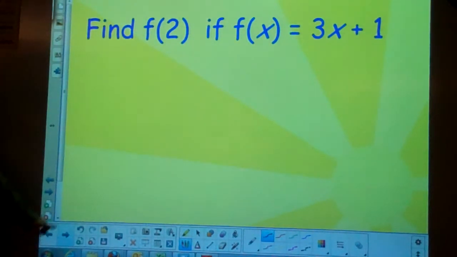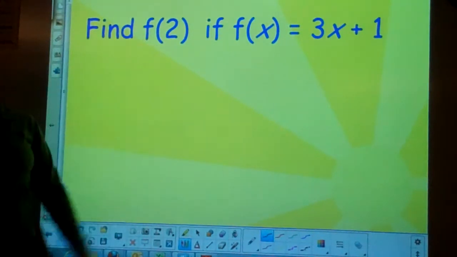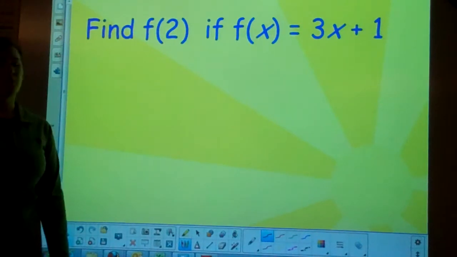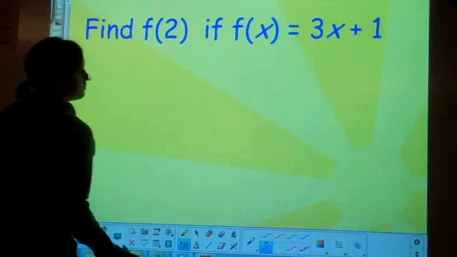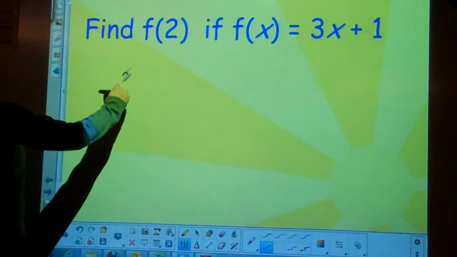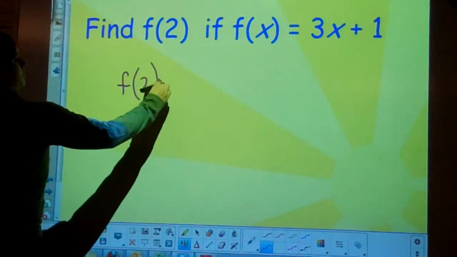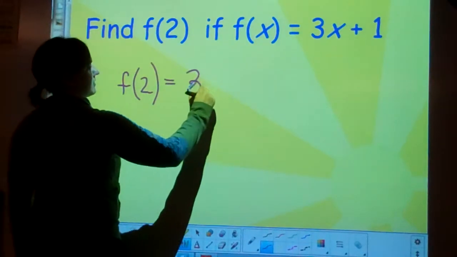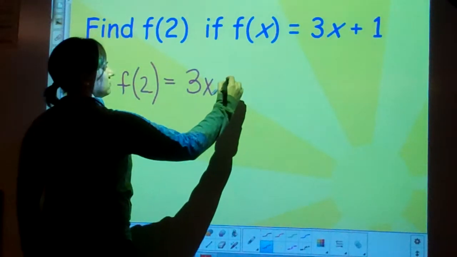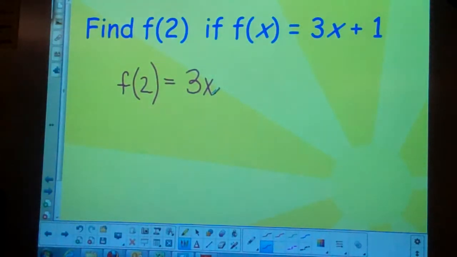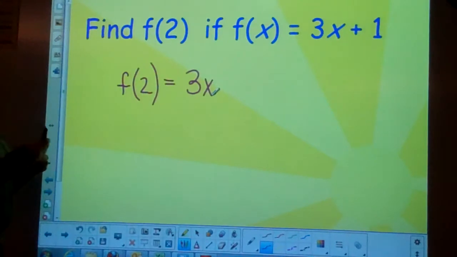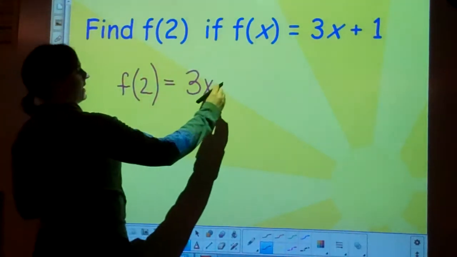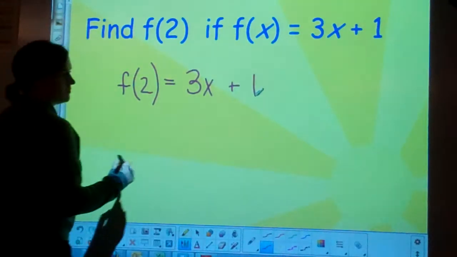What about this? Find f of 2 if f of x equals 3x plus 1. So we want f of 2 equals 3x plus 1. So anywhere that we see an x, what are we going to put in?